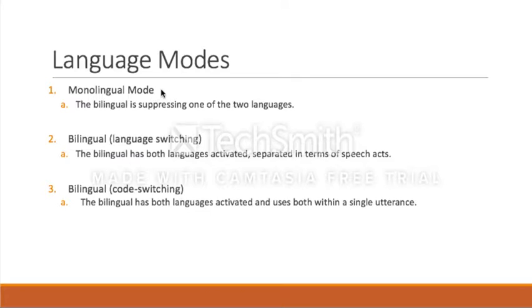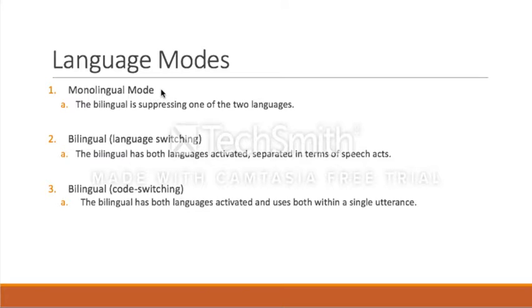Second, we have bilingual mode, and we're going to look at this from a language switching standpoint, following the definitions that were given earlier. So in this mode, a bilingual is thought to have both languages activated, but to be more specific for this literature review and in terms of future research, we're going to separate this by speech type.